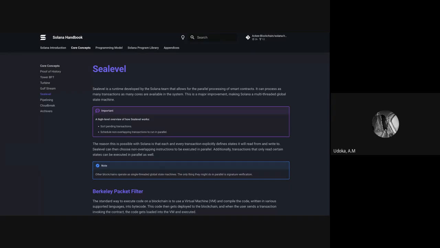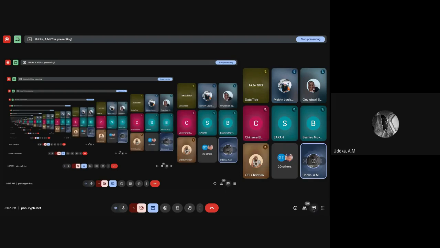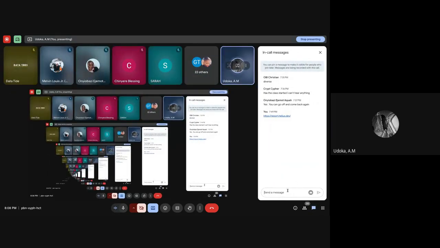Now, basically, Sealevel is another mechanism you might need to understand when dealing with Solana infrastructure on a very detailed level, because, by the way, let me share this core concept link with you as well, so that you can be sure to look into the process.